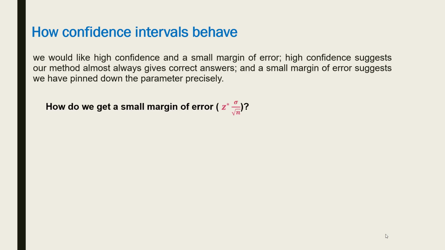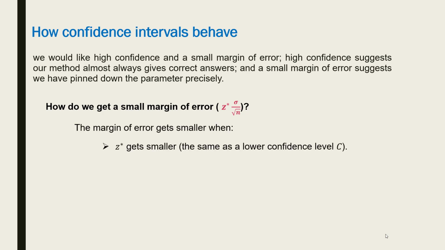So, our next question, if we need a small margin of error, how do we make this small? Right, z star gets smaller. Yes, you see that. What is the margin of error? Margin of error is z star sigma over root n. If z star is a small number, then the whole thing will be small.